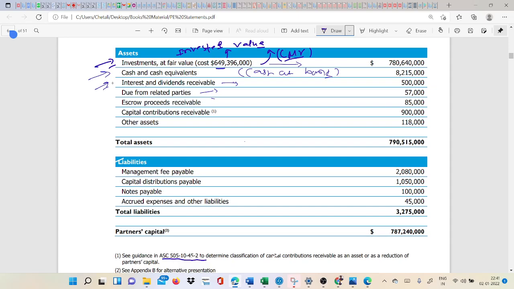This could be from a tax or insurance point of view, or any claims which have been declared but are yet to be received. In that case they're going to record that particular escrow amount on the asset side of the balance sheet. Then the capital contributions receivable from XYZ investee companies and other assets.